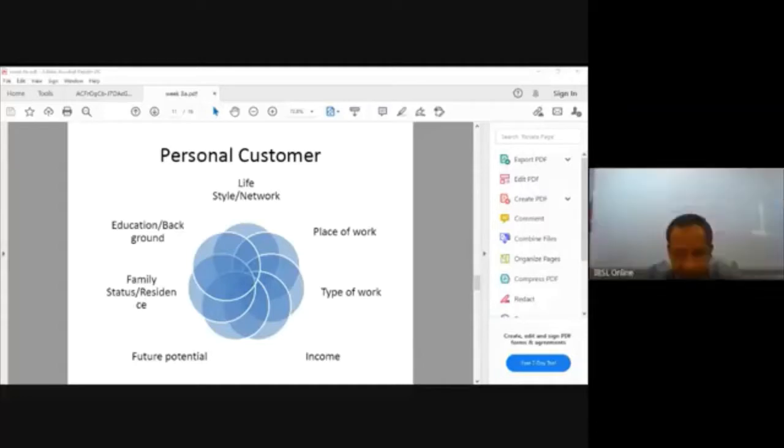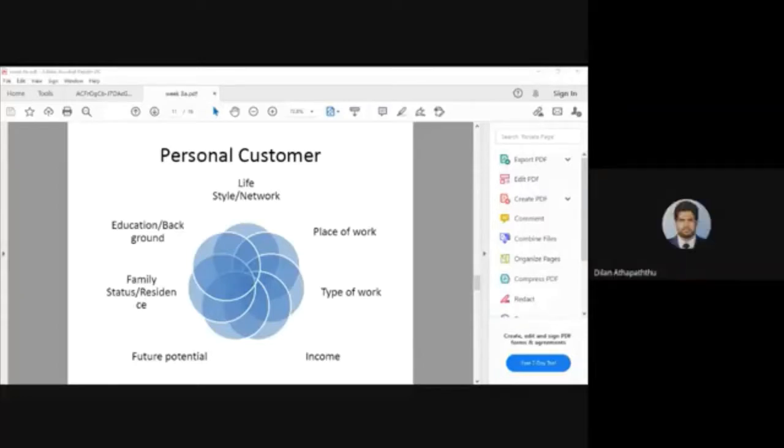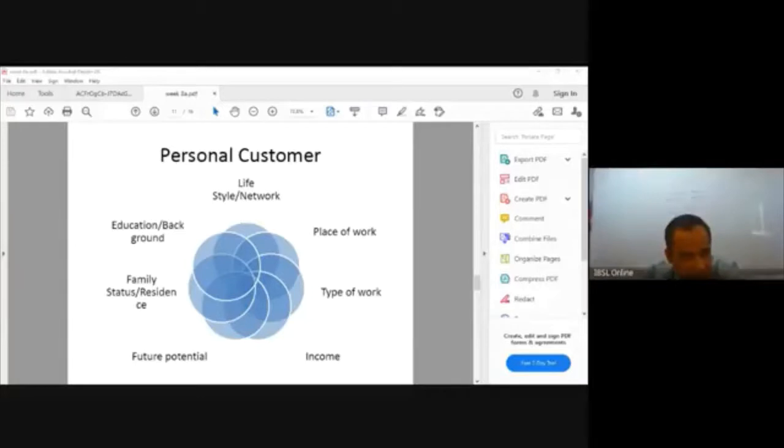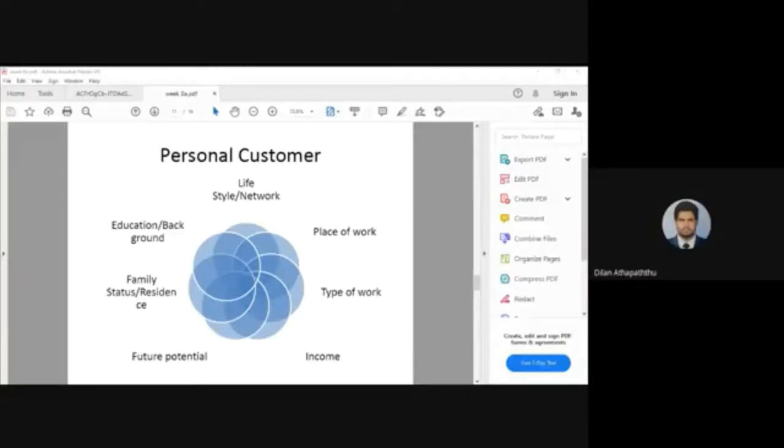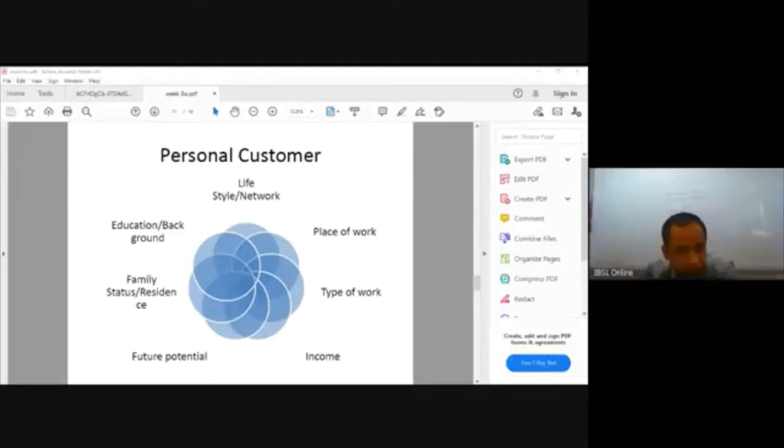Hello, sir. This is regarding the assignment. It was mentioned in that assignment that it needs to be restricted to a maximum of 1,500 words, which is the core part of the contents. You don't take into account the other things, like the title, the agenda, the introduction part where you put the contents.